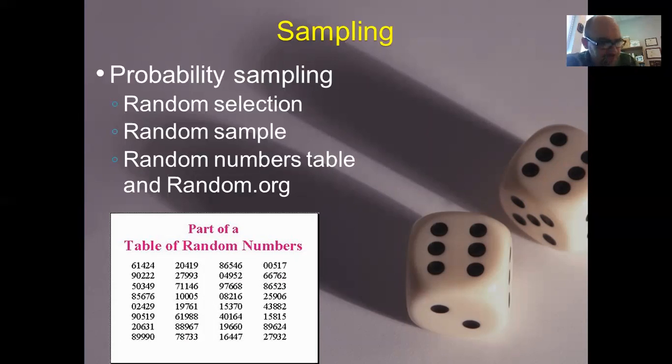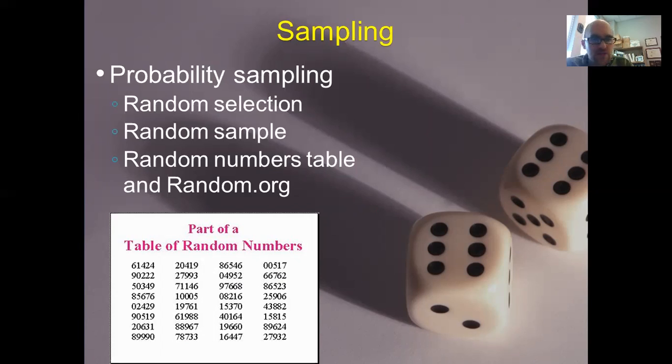So with probability sampling, we're engaging in random selection. And random selection is essentially choosing a sample that you're going to use in a way that each member of the population has an equal chance of being chosen. And so then your random sample is hopefully going to have characteristics that are similar to the population as a whole. And so there's a couple of different ways of going about this.